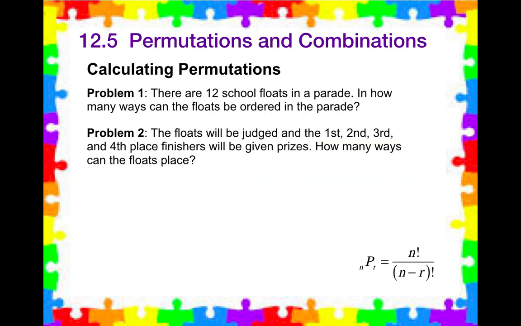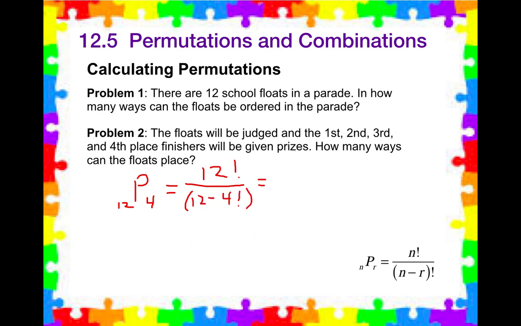That's a lot. The floats will be judged first, second, third, and fourth. How many ways can the floats place? Well, here's another case of permutations where we have 12, but we're only going to choose 4. So in this case, we have 12 factorial over 12 minus 4 factorial.